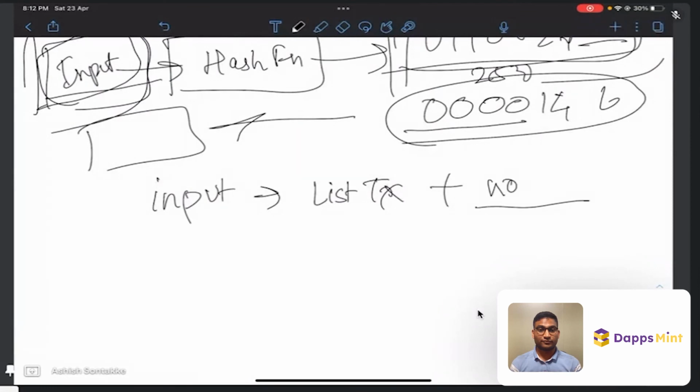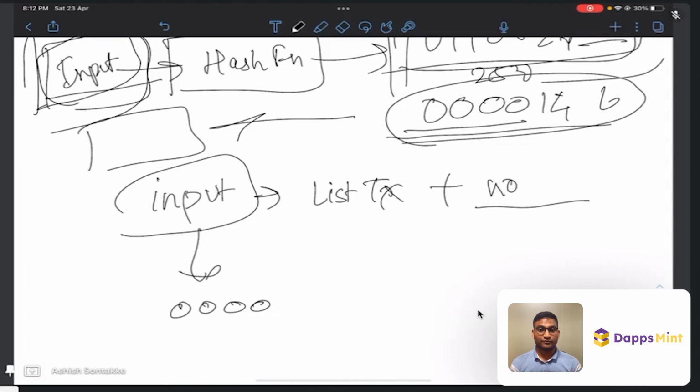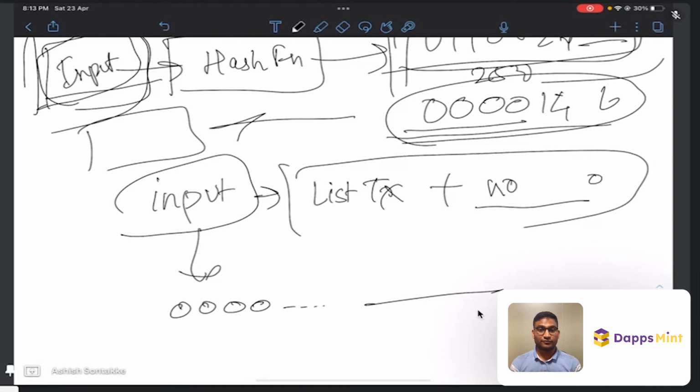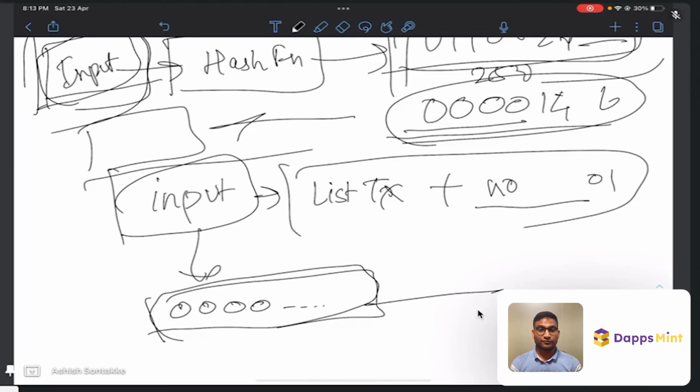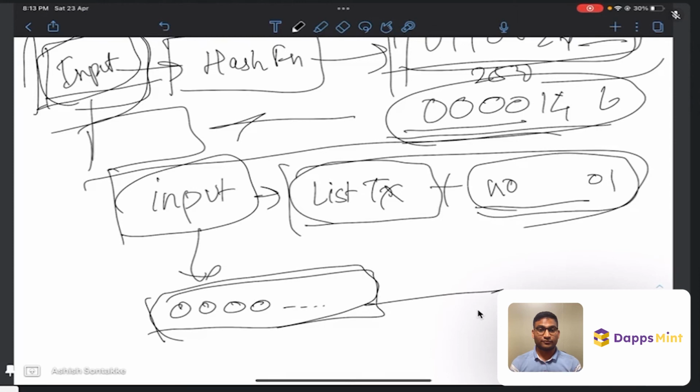And he has to create a hash for this input such that the first 15 digits are zero. So he has to keep on trying, starting from zero, until 15 digits are zero. And whoever gets this first will say, okay, for these many transactions, this is the nonce. I have solved the problem. Now we can add this block.